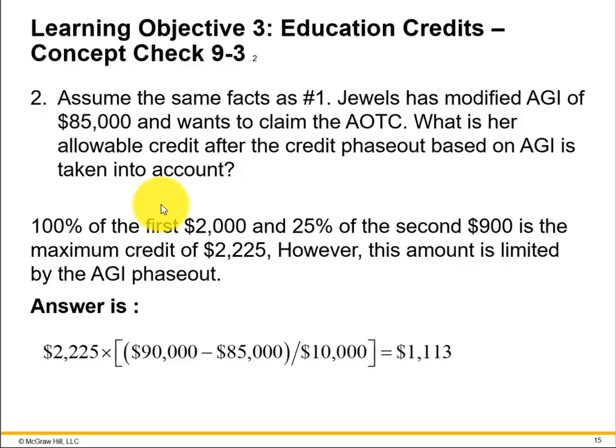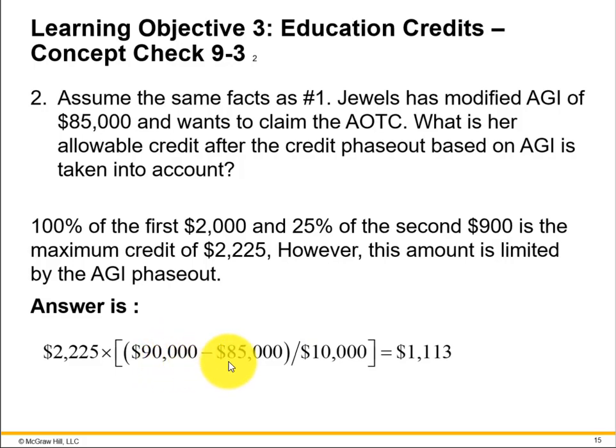And maybe they got scholarships or stuff. Obviously, the tuition was probably actually much more than that, but the rest was covered by scholarships or other things. Okay, so the total credit is $2,225. Okay, far better than with the lifetime learning credit, but we have to consider the phase out.